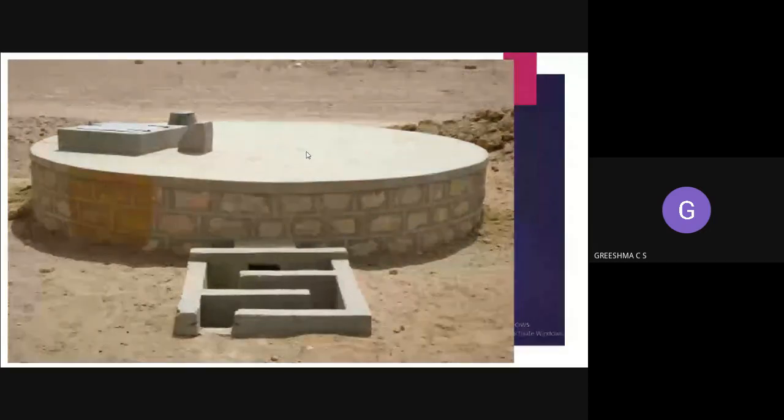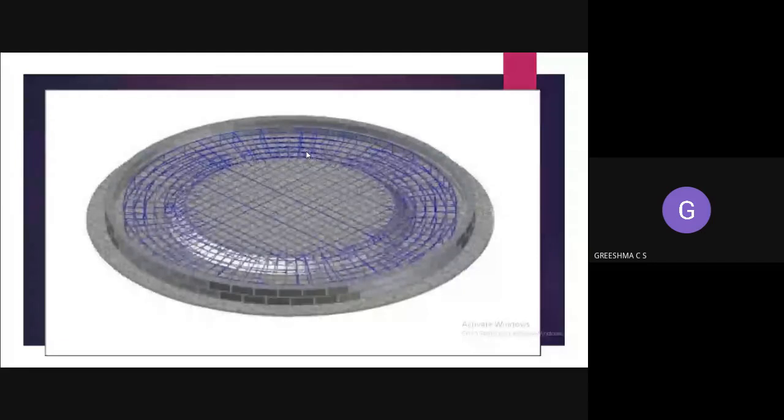In a circular slab, we mainly have two types of reinforcement. The first one is circumferential and radial reinforcement, and the second one is the mesh reinforcement. As you can see here, the radial and circumferential reinforcement will be provided at the edges.